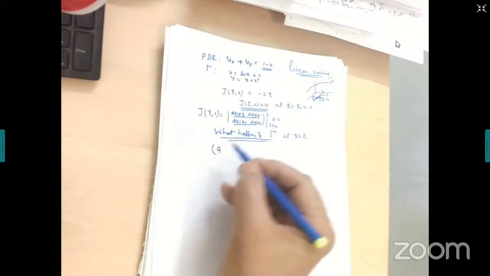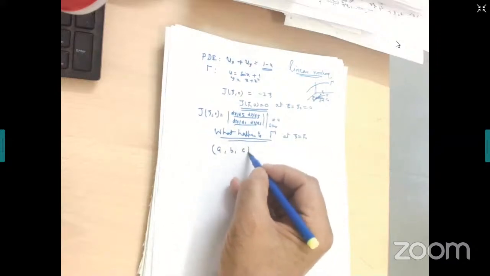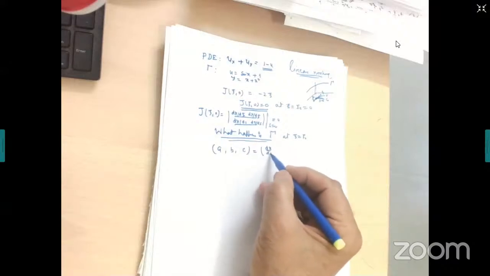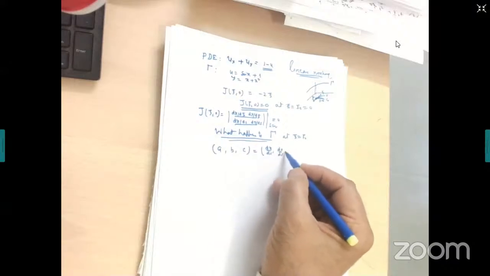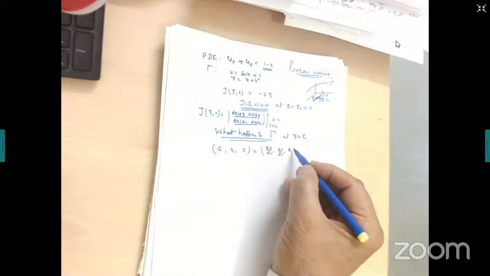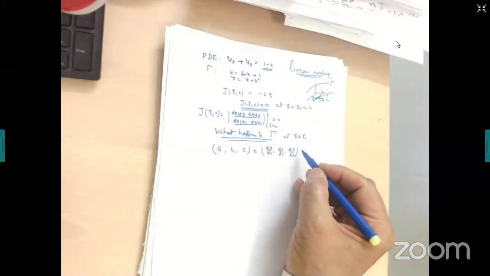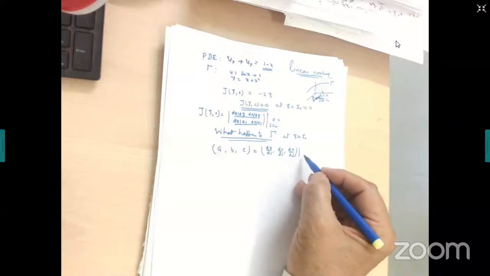We will find out A, B, C. What are these entities A, B, C? Very good. These are the components of the tangent to the space curve gamma at this point.